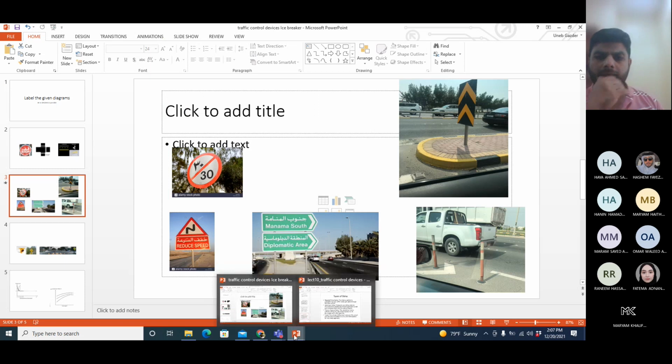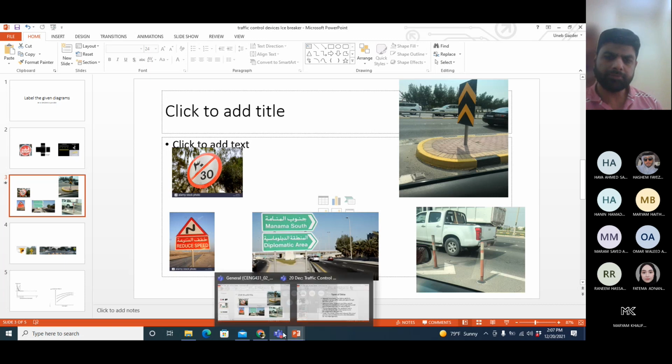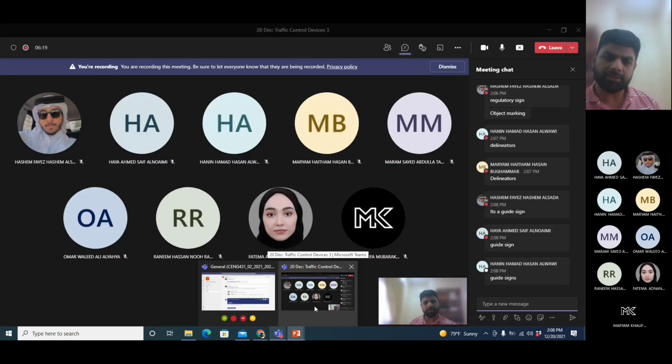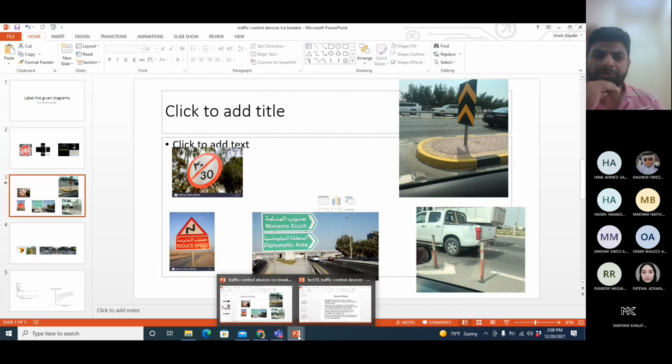Okay. The figure in the middle. The picture in the middle. What is it showing? It's a guidance sign. Yes. Great. Okay. Top left.